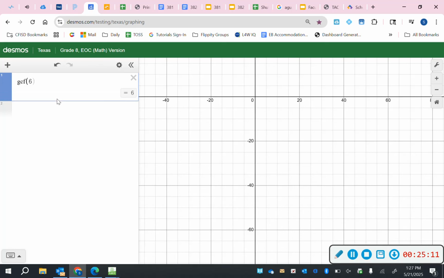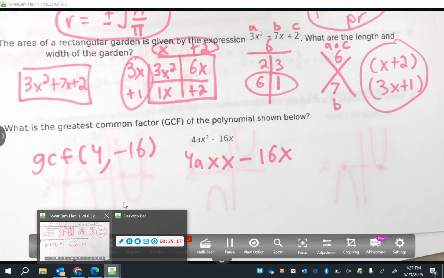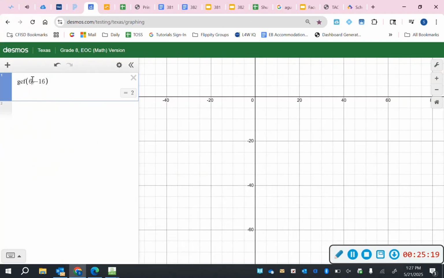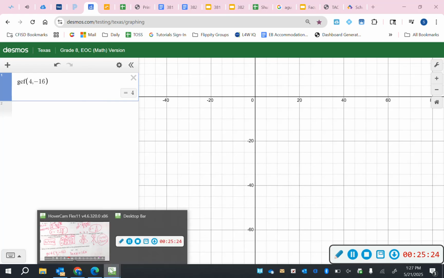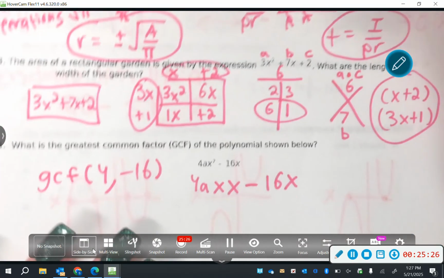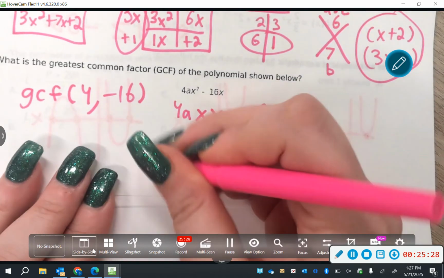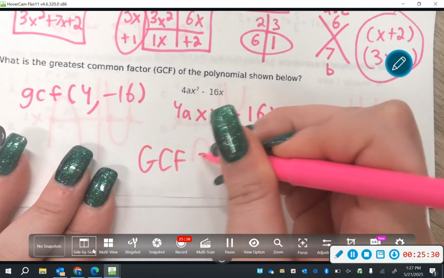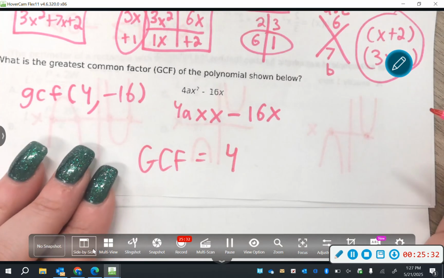We got 4, comma, -16. Our GCF is... I didn't even put 4. It should be 4. So our GCF is 4 for the numbers.